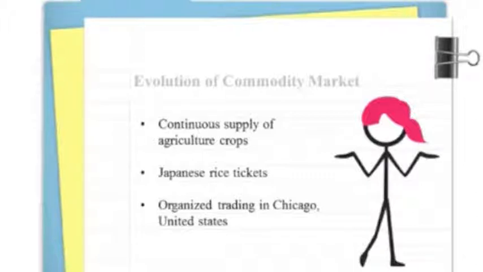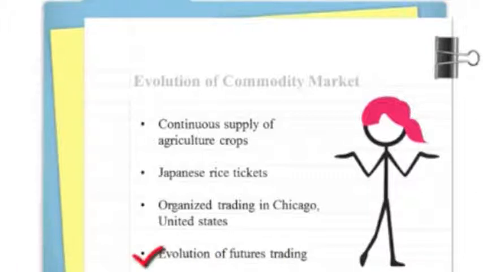This led to an inherent need to establish a common meeting place both for the farmers as well as the dealers to transact in spot grain, to deliver wheat and other crops and receive cash in return, and this was in late 1848.